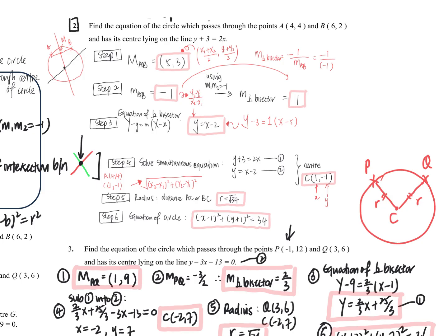I will choose the one that has fewer negatives, so that I won't be careless. Between these 2 points, I want to find the radius: the difference between the x coordinates squared, plus the difference between the y coordinates squared. So 5 squared is 25, then again 26. With my radius and my center, the equation of the circle is out.